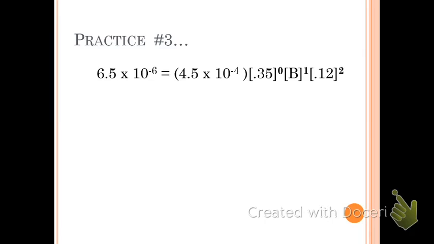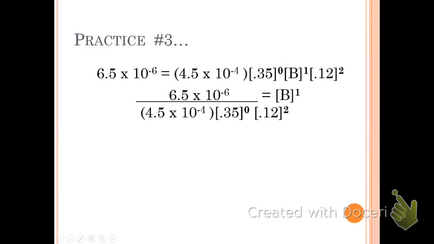And the concentration of C is 0.12 to the second power. I need to solve, again, for B. So I'm going to do like you do in math. To get everything away from B, we have to divide. This is B set up.